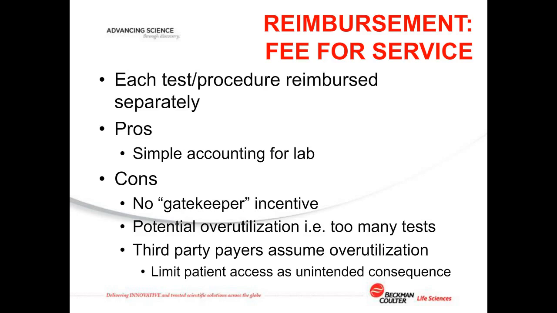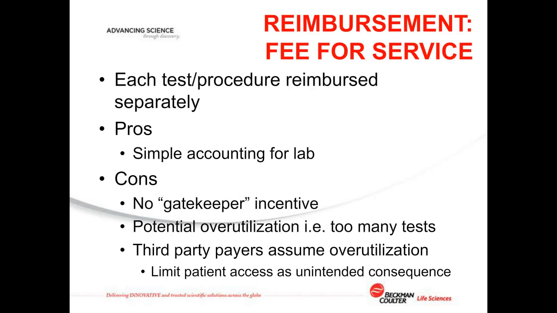The first is that there is no gatekeeper incentive. There's no incentive for the laboratory to do less testing and to perhaps avoid doing things like repeat testing. And so for that reason, third-party payers will tend to assume overutilization even if you're not doing it.